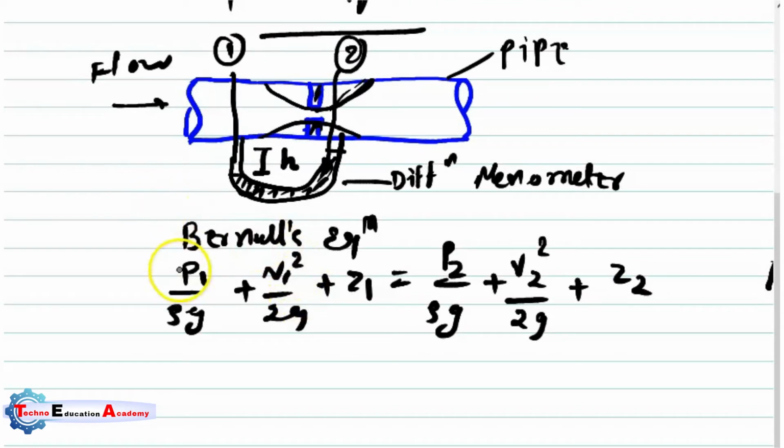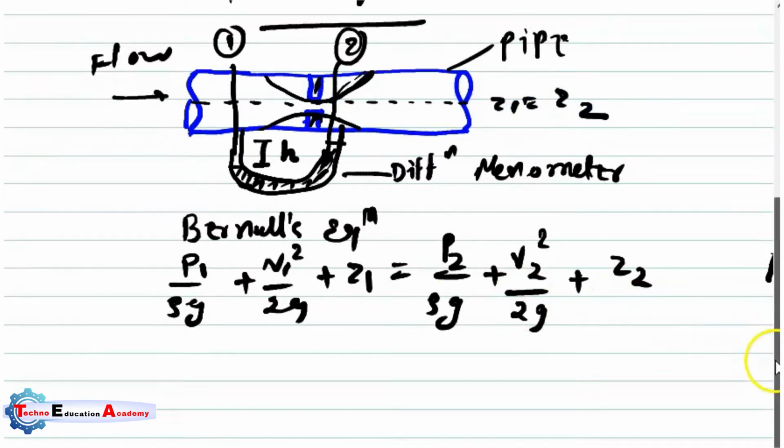Here P1 is the pressure at section 1, V1 is the velocity of the fluid at section 1, and Z1 is the datum head at section 1, and Z2 is the datum head at section 2. In our case Z1 is equal to Z2, so we neglect the datum head term.